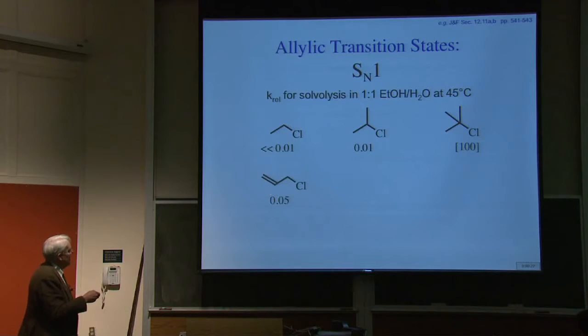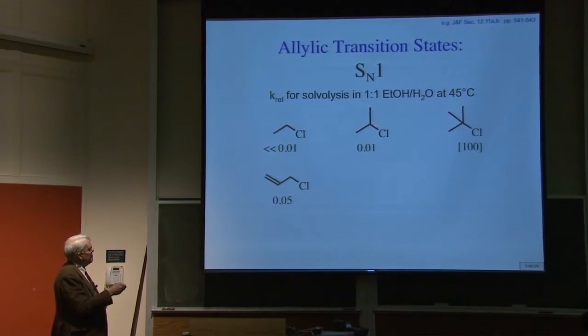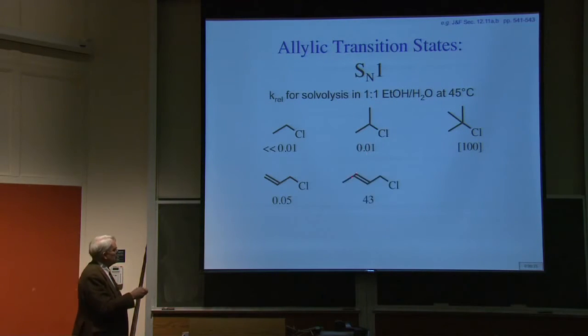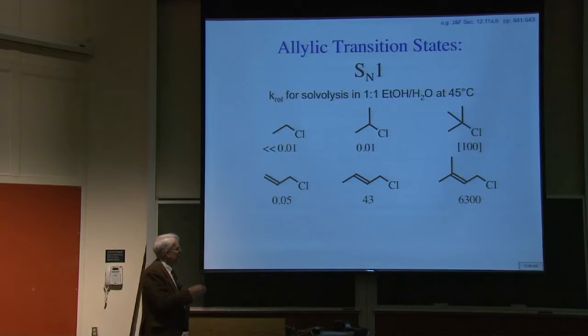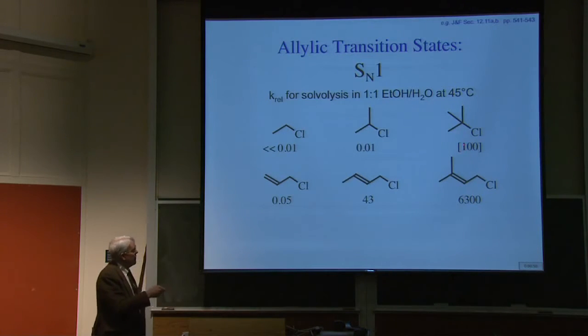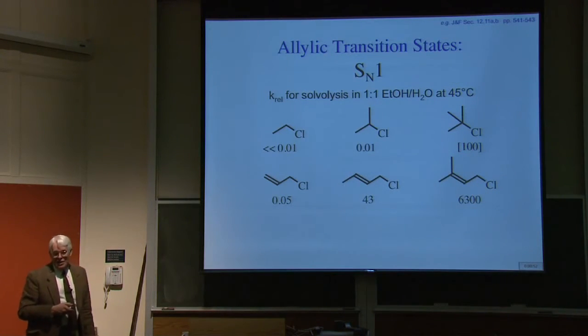But if it's allylic, then it's five times faster than secondary, even though you might think it would be primary, right? And if it's allylic with a methyl group on it to make the cation more stable that you're forming when you break off chloride, it's half as fast as a tertiary T-butyl chloride. If you put two methyl groups there, it's very much faster, 63 times faster than T-butyl, right?